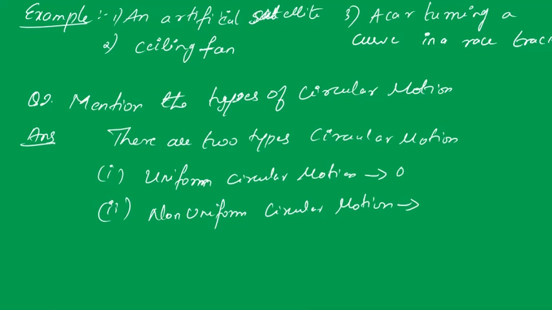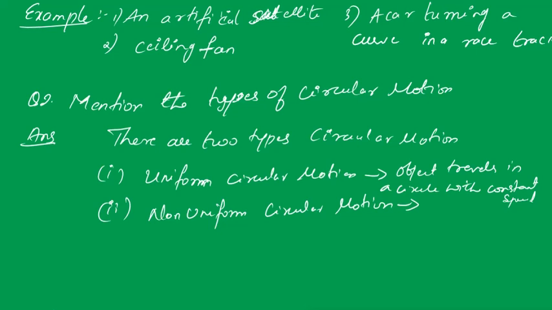So we take an object. Since it is uniform, the object travels in a circle with constant speed. So this is what you need to learn. You can elaborate on it as much as you want.